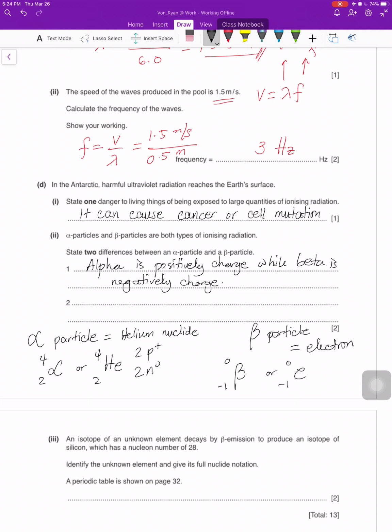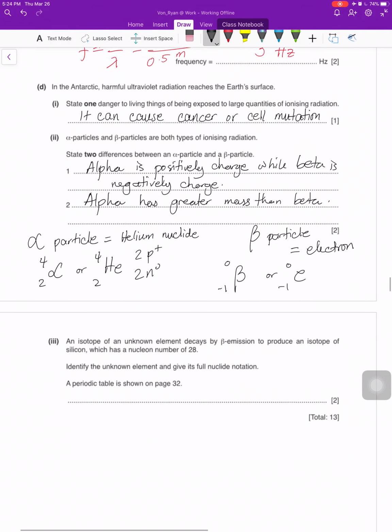And also you can see that an alpha particle will have a bigger mass. You can also say that an alpha particle is more ionizing and less penetrating because it's heavier.